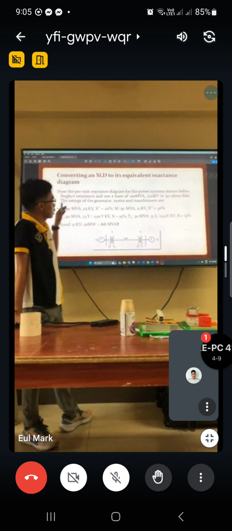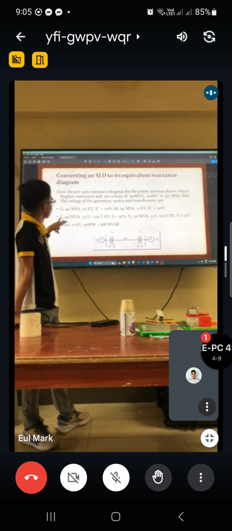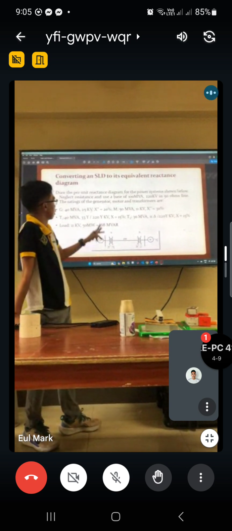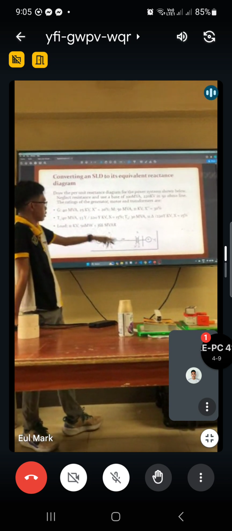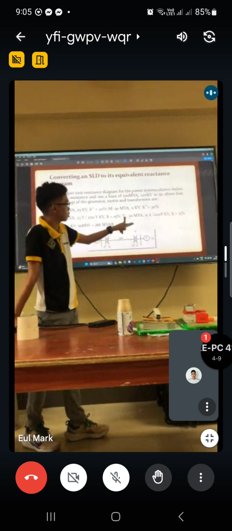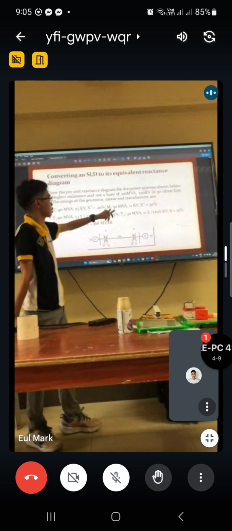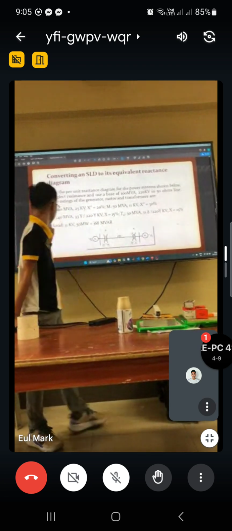The ratings are as follows: this one is for the generator, transformer 1, the line j50 ohms, transformer 2, and the motor.